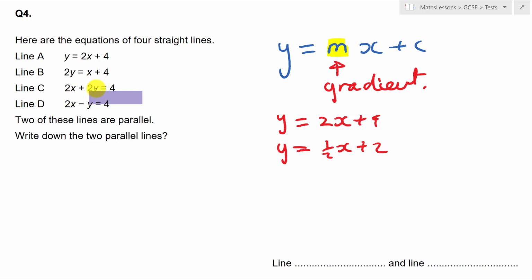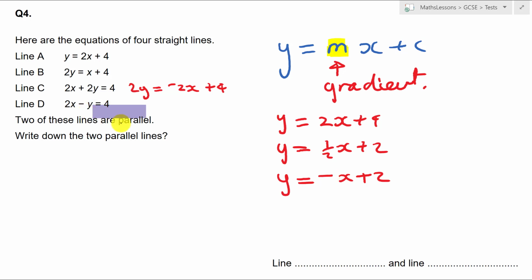Now on this one we're going to take away the x first, so we'll do a bit of intermediate working up here. 2y equals minus 2x plus 4, then divide by 2, so y will equal minus 2 divided by 2 is minus 1x, plus 4 divided by 2 is just 2. We don't probably need the minus 1. We know if we've got minus x, that's minus 1 lot of x.